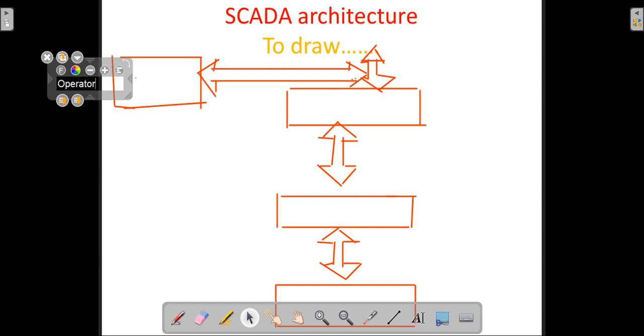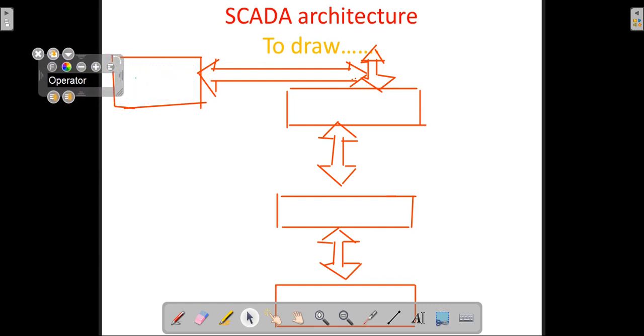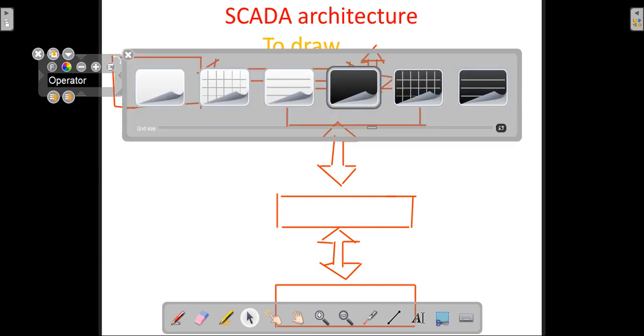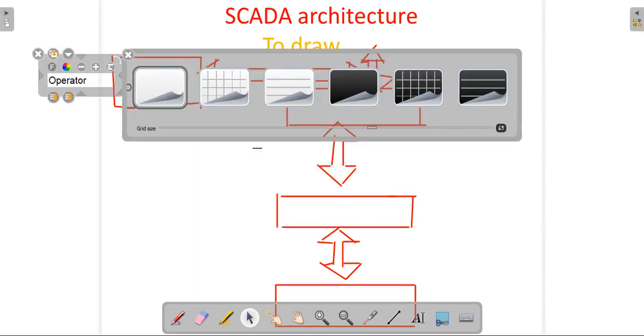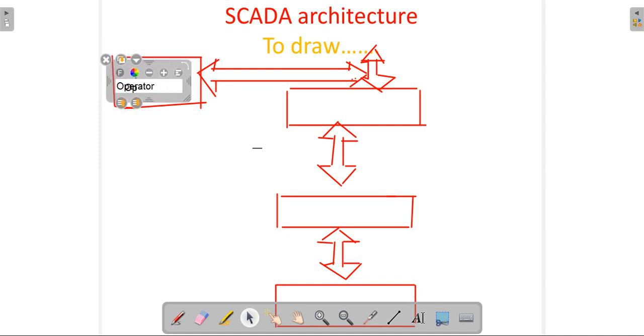So this is what is your operator. So I'm having some problem with the color here. Anyway, let us look into these things now. Yeah, this is the operator.